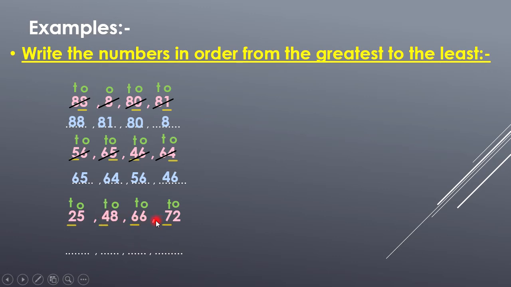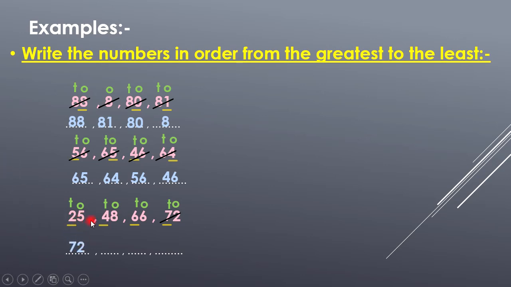Now which one is the biggest number? Here I have 7 in tens place, here 6 in tens place, 4 in tens place, 2 in tens place. Which one is the biggest? Yes, 72 is the biggest number, so I cross 72 and put here 72.